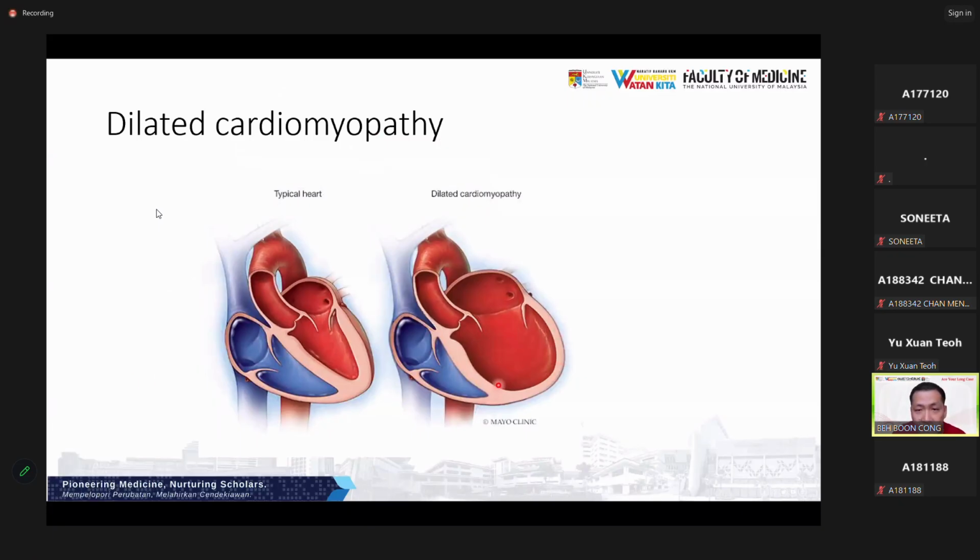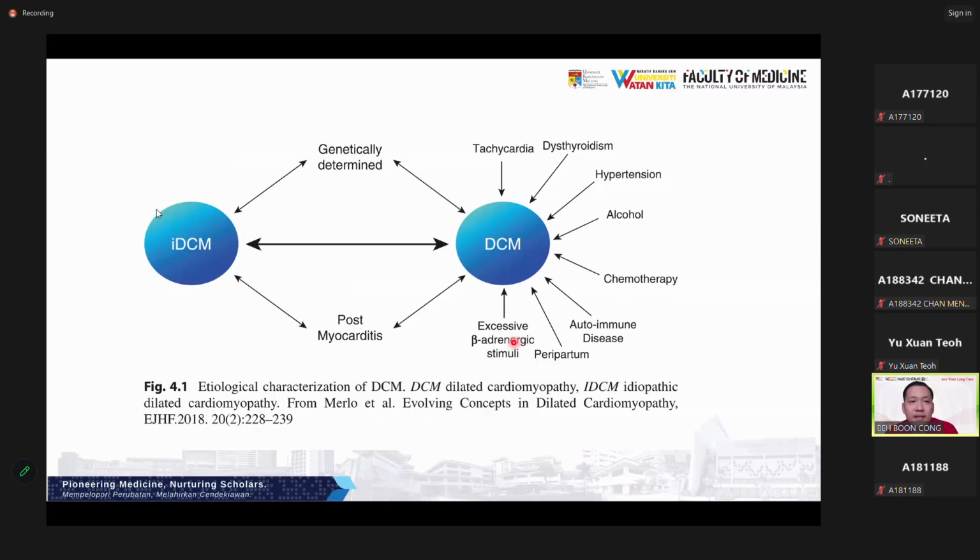So the LV chamber is dilated. There are different types of dilated cardiomyopathy. It can be an ischemic cause, or idiopathic, but there are a lot of things you need to work out before you label the patient as idiopathic.